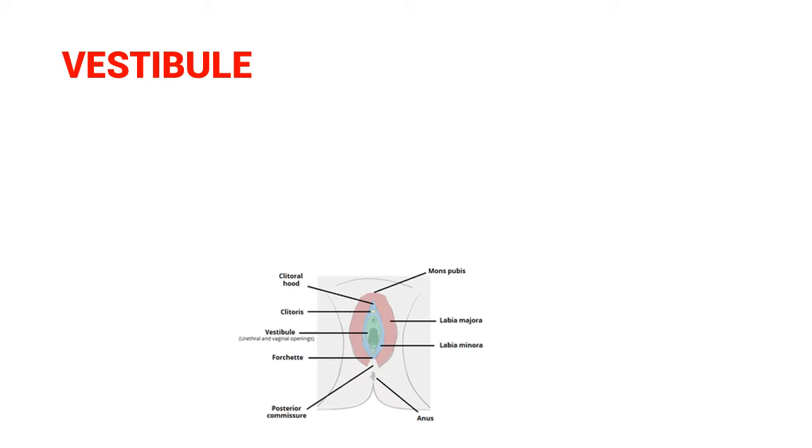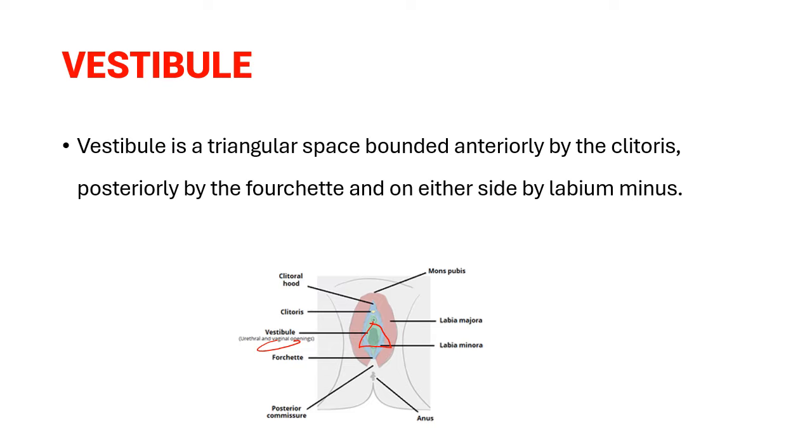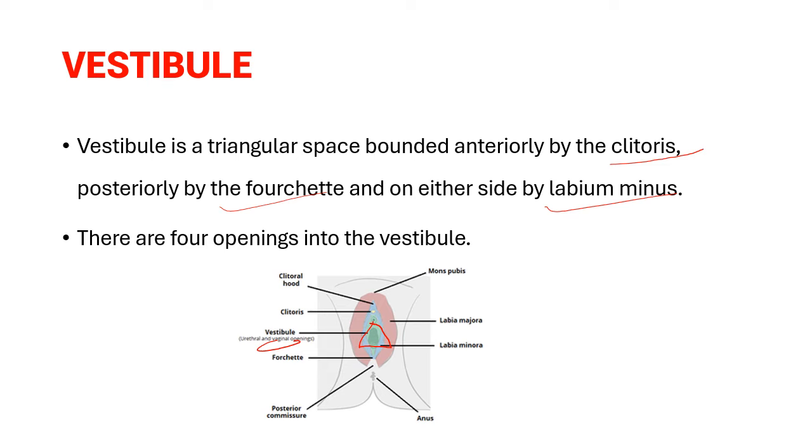Now next is vestibule. Here you can see vestibule. It is a triangular space bounded anteriorly by the clitoris, posteriorly by the fourchette, and laterally by the labia minora. There are four openings into the vestibule.